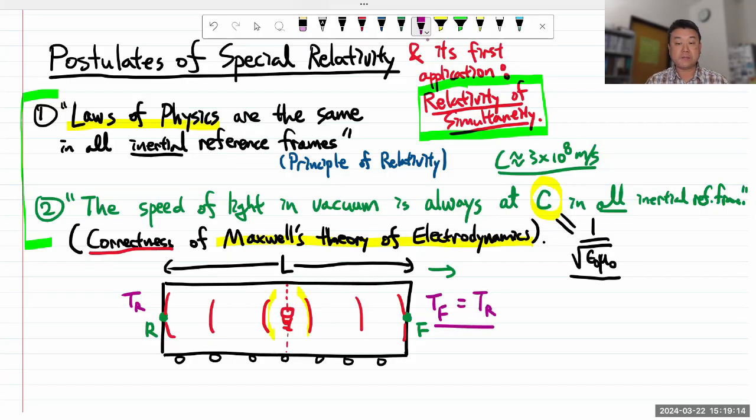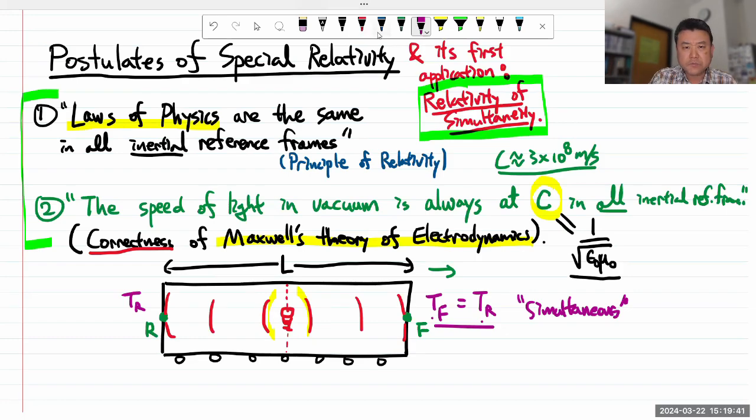Good? And this is what someone might call simultaneous, at the same time, meaning these two values of time are the same. So that's what we are used to experiencing. You can set up experiments in such a way that you get simultaneous things.